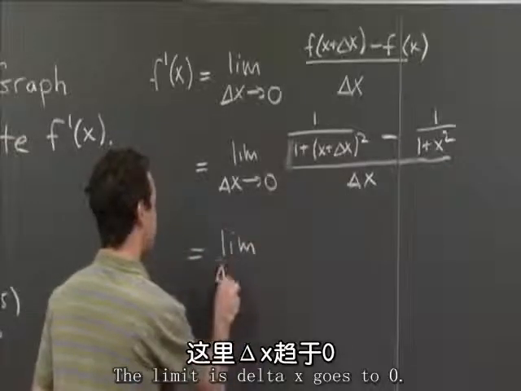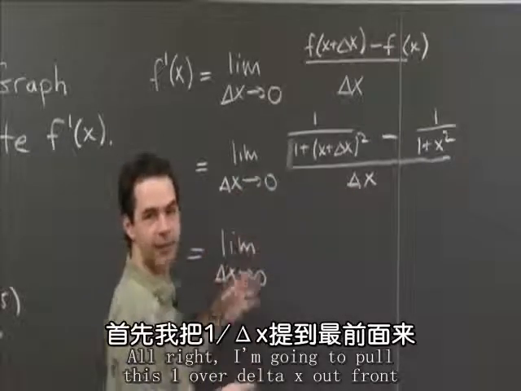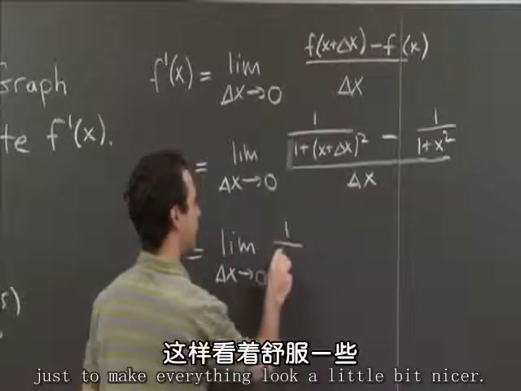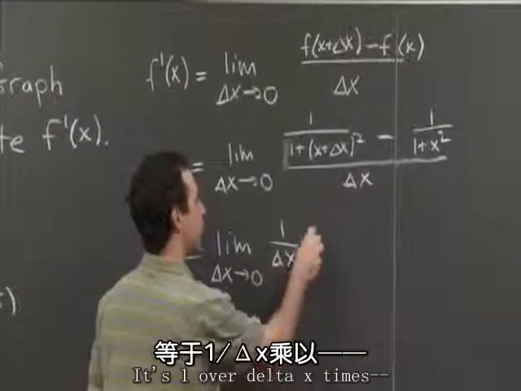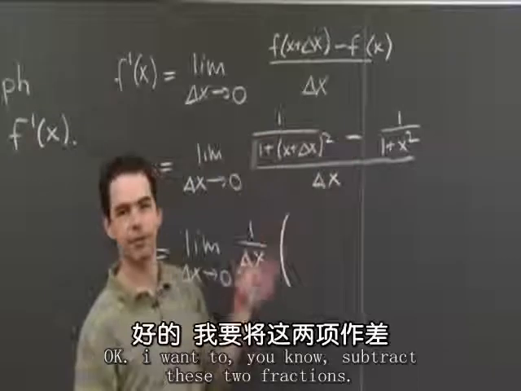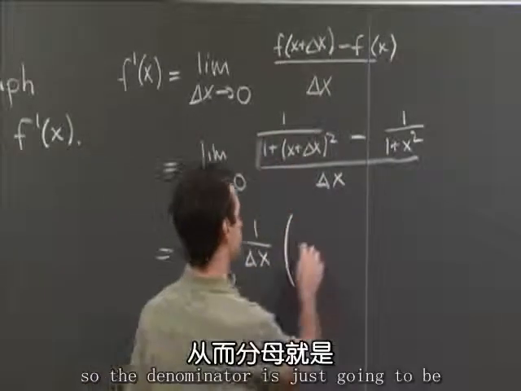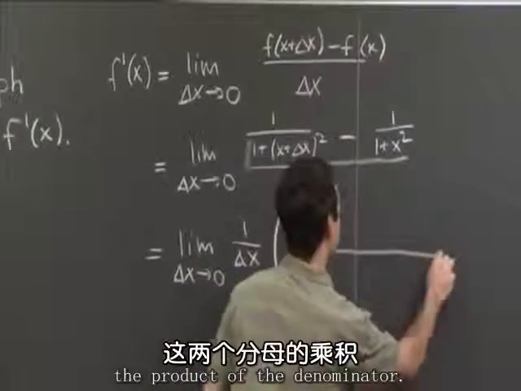That's the limit as delta x goes to 0. So all right, I'm going to pull this 1 over delta x out front just to make everything look a little bit nicer. So it's 1 over delta x times... OK, so I want to subtract these two fractions. I want to put them over a common denominator. So the denominator is just going to be the product of the denominators.